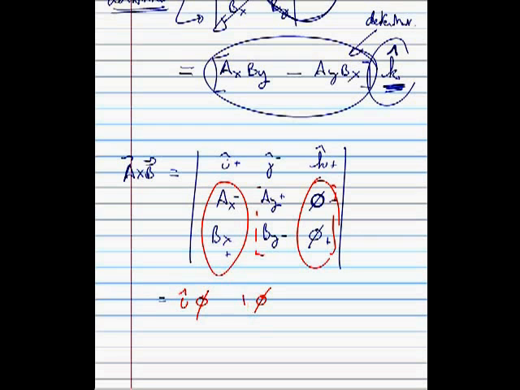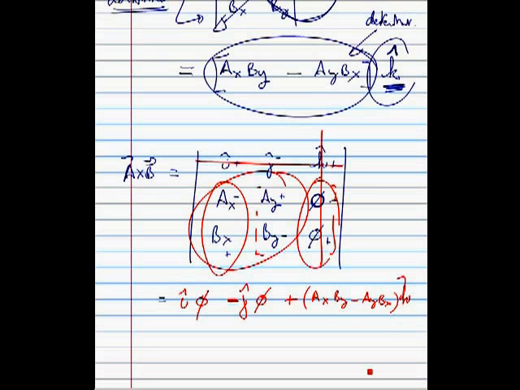So we end up with 0, which you will multiply by j, but remember, the second term is going to be negative by convention. So if it's not 0, make sure you don't forget the negative sign. And the last one, imagine this, so your 2 by 2 is this, ax by minus ay bx, and that's your k component. So that's the only one that survives a 3 by 3 matrix if you have 0 in the k component, but it should give you the same answer as this.